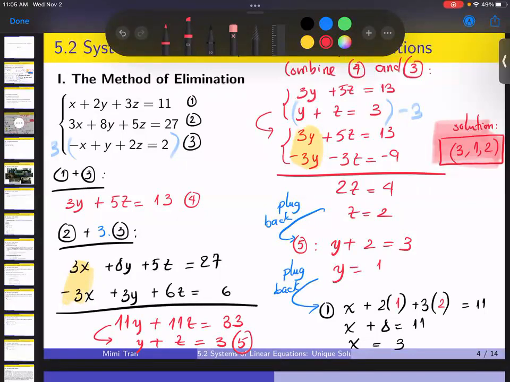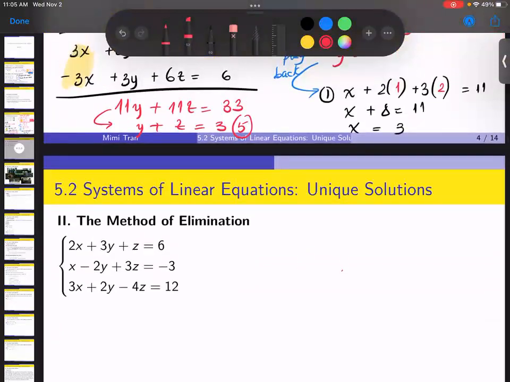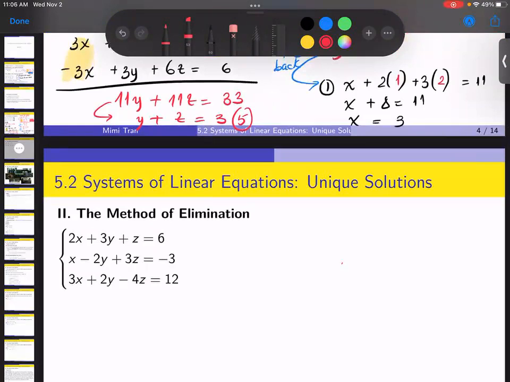So you guys have got the idea now? Just pick one variable and eliminate, right? Why don't you try this one? I'll walk around and see how you do. Write it down, and then I'll leave my work on the other slide so you can take a look. When you watch this at home, you can just fast forward.